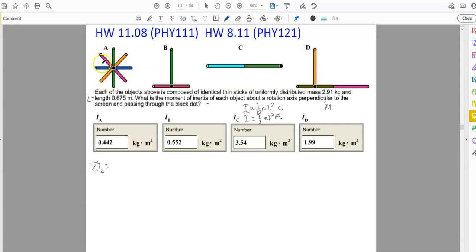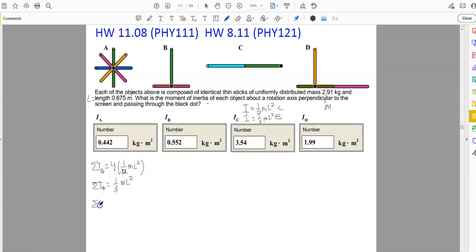That's 4 moments of inertia being spun about their center, which is 4 times 1/12 mL squared. I'm going to reduce this down to make it easier to put in my calculator, so that'll end up being 1/3 mL squared. It has nothing to do with the other 1/3, so don't confuse those two. This 1/3 is from reducing 4 divided by 12.